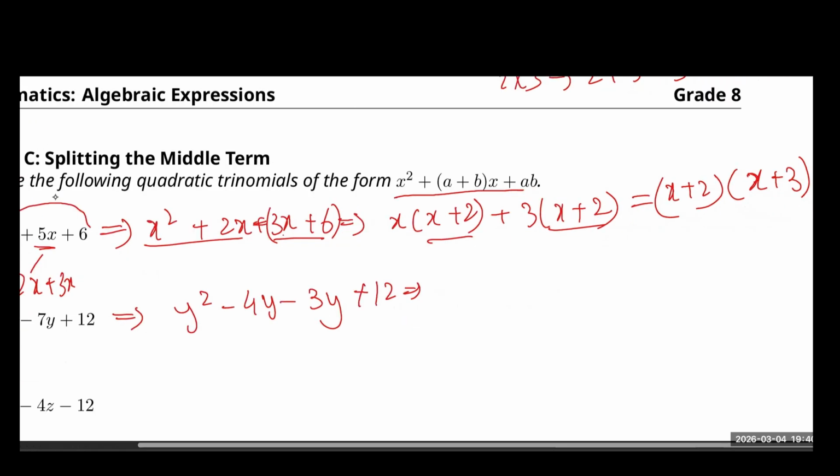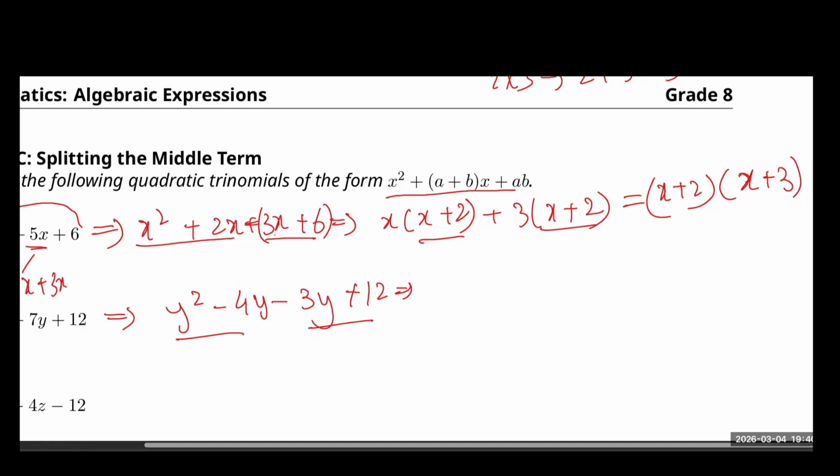So same group of 2. From here, mostly from the first term, the variable will be common. Okay, from here I can take y common. So if I take y common, what is the leftover part? From y squared, if I take y common, y into y, right? What will be left over? y, right? y minus 4, because again, I have taken y common.